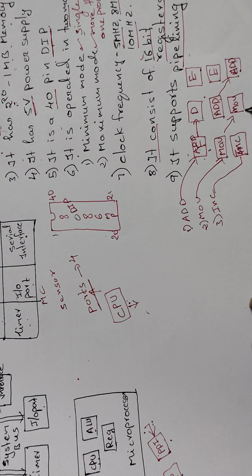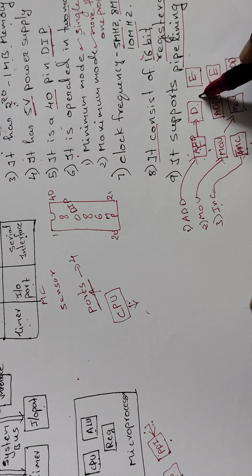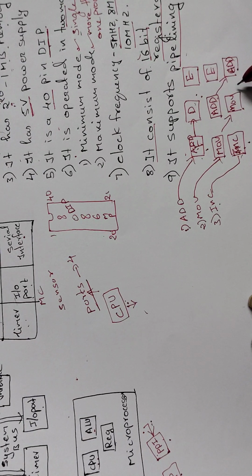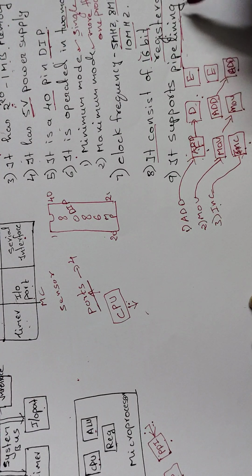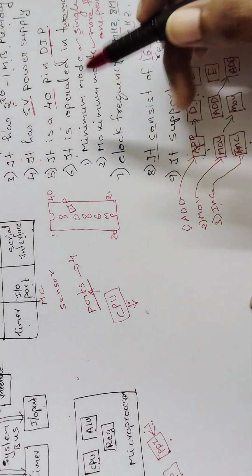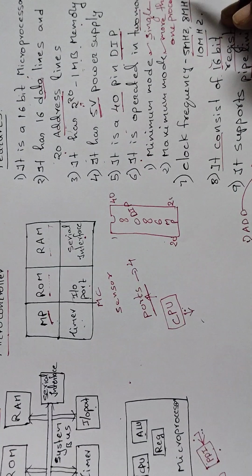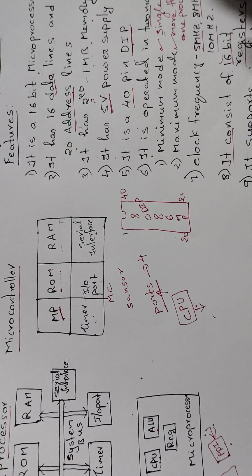So the add instruction is executed, the move instruction is decoded, and the inc instruction is being fetched. All these three steps are executed in parallel. This we call the pipelining process. These are the different features of the 8086 microprocessor.